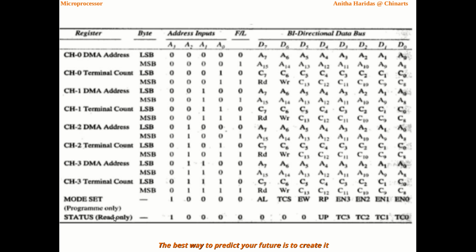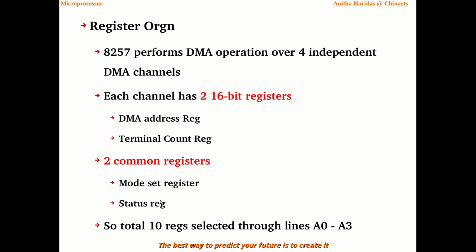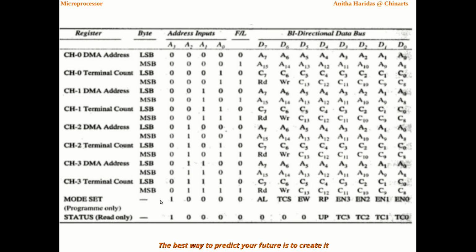You can see the mode set register. How do you give the address input? The address input is given here. If it is 1000, then the mode set register will be activated.